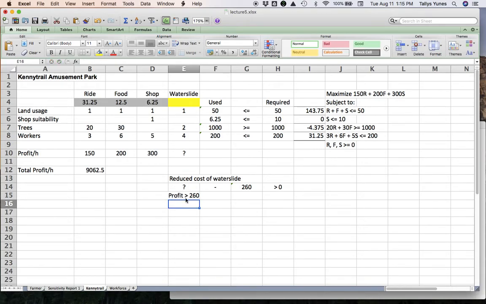Okay? As long as we find a way for the water slide activity to generate an hourly profit greater than $260, that would mean that putting it in as a new activity is beneficial. Now, of course, there are intangibles to be taken into account.